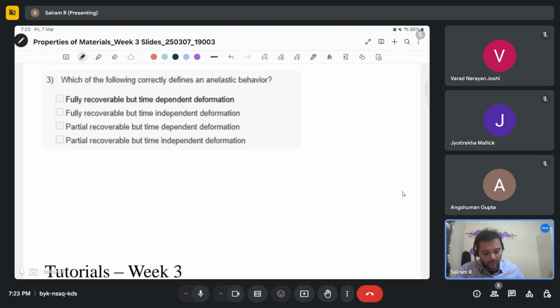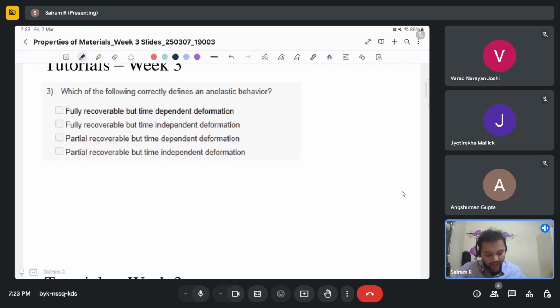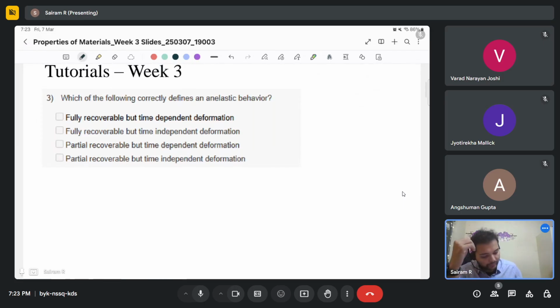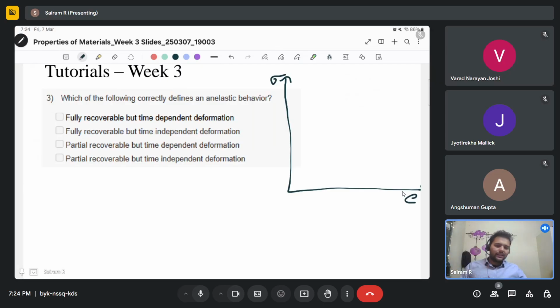Moving on. Third question: which of the following correctly defines an anelastic behavior? As we would have observed in this week's class, why did we start talking about anelastic behavior right at the beginning?